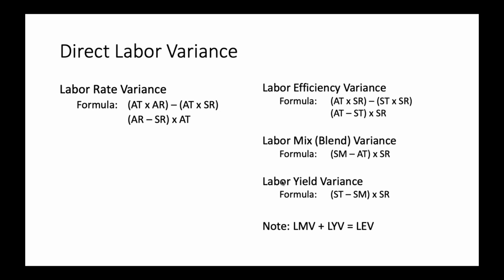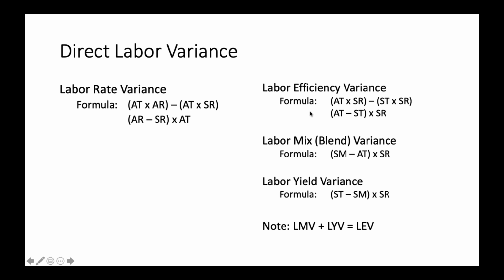For labor, we don't have labor purchase rate variance or labor usage rate variance, simply labor rate variance, because we don't normally purchase labor and put it on inventory. So labor rate variance is the difference between rates, that's the actual rate minus the standard rate multiplied by the actual time.